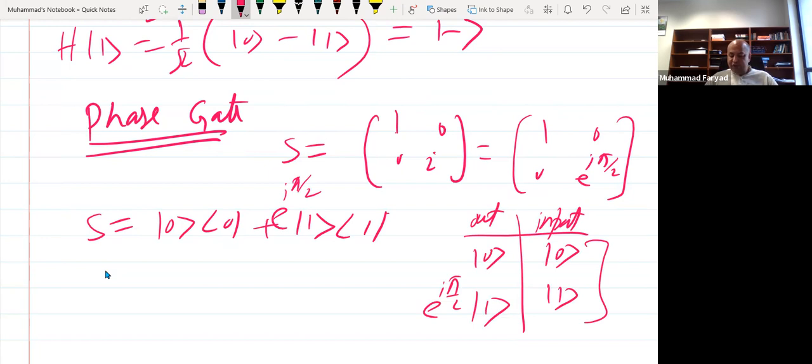If you're given the truth table, you can directly write the Dirac operator form for this gate: |0⟩⟨0| plus e^(iπ/2)|1⟩⟨1|. This is sometimes also called a rotation gate around the z-axis that gives a rotation of π/4, and we'll see shortly later why. So any question so far?